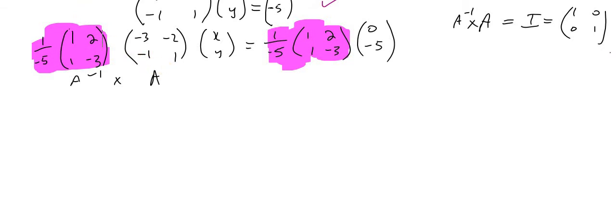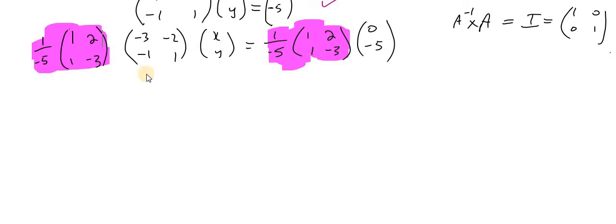When you multiply those two, you're expected to get the identity matrix. So we don't need to show the calculation in your solution. A inverse times A will combine to give you the identity matrix.